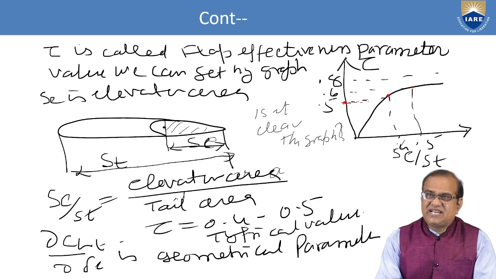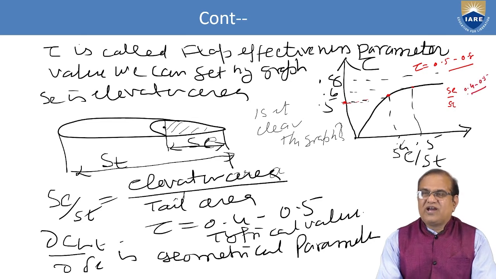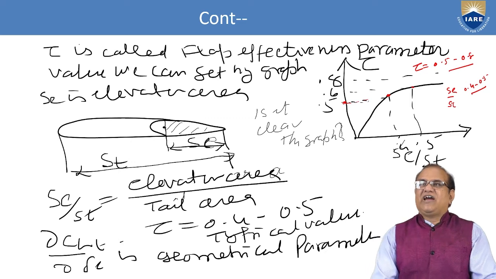So tau ranges from 0.5 to 0.8, and we have to calculate it from this plot.